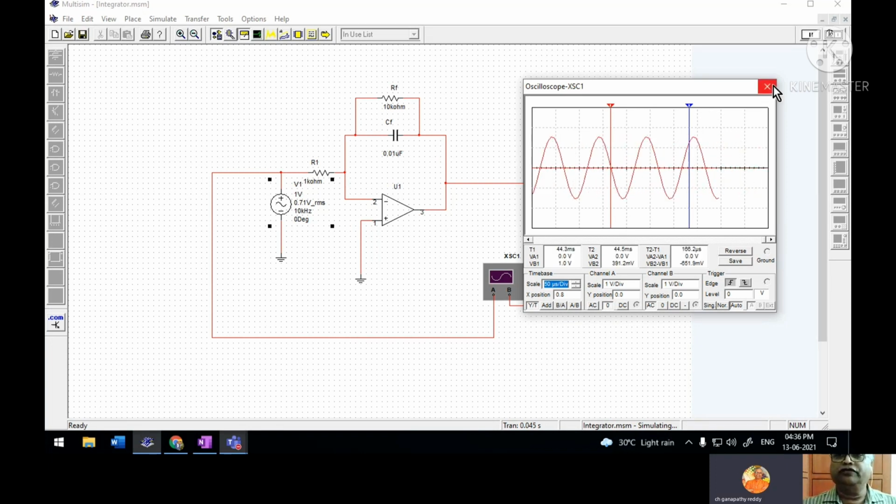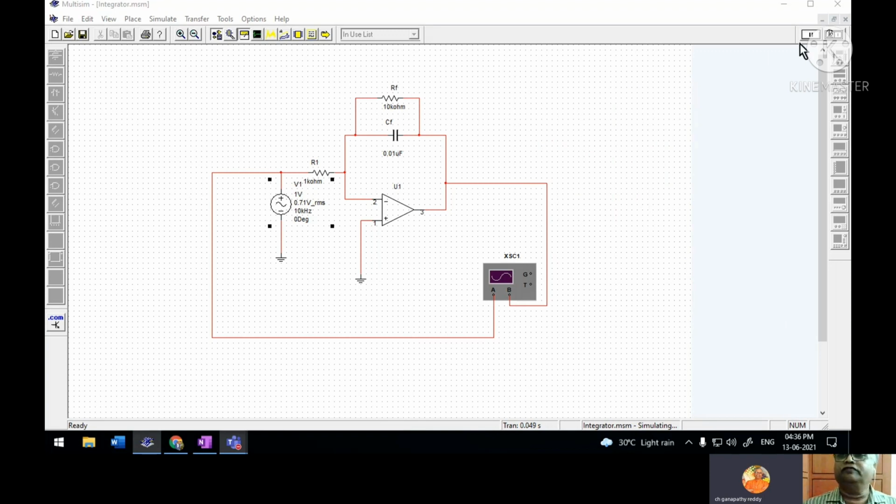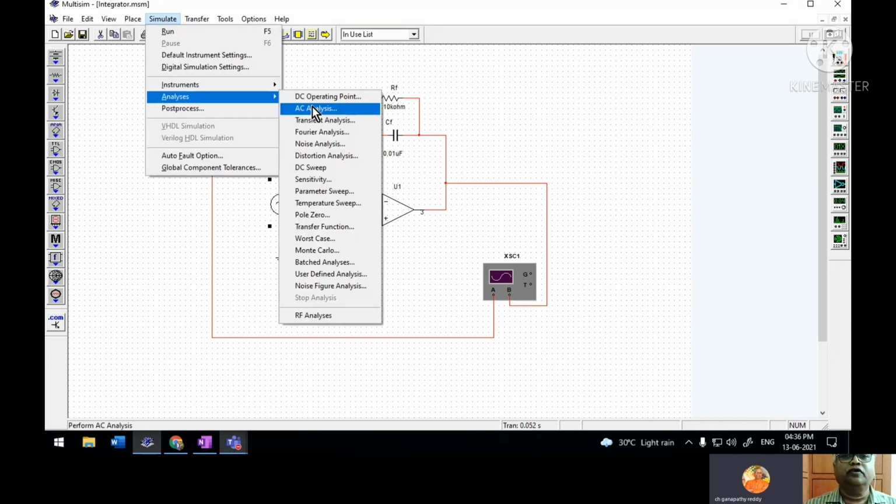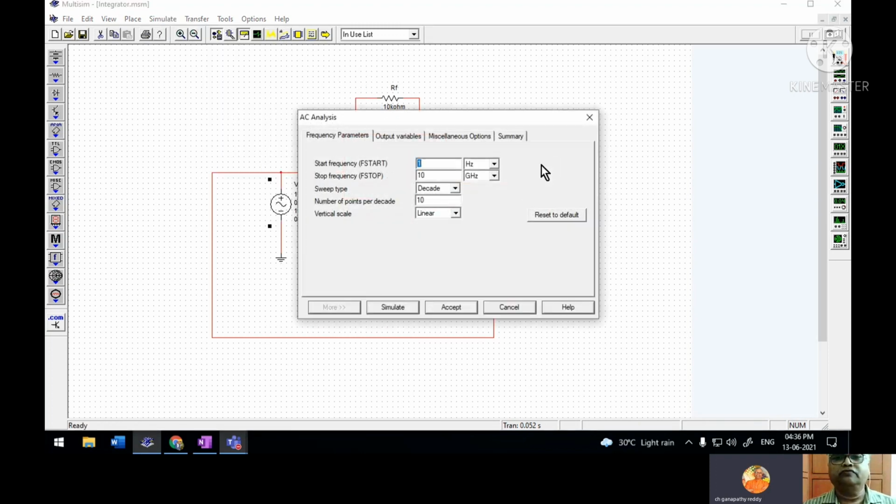We can also see the frequency response directly. Simulate, AC analysis. Vertical scale: linear, logarithmic, dB, etc. Let me take linear only. One hertz to 10 giga we are plotting.